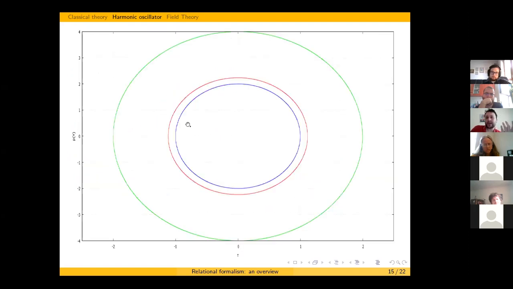If M and K are different from 1 and 4 respectively, we have totally different ellipses. For simplicity, I just showed M equals 1 and K equals 4. But this is the point. This basically mixes experiments and the setup of the theory. That's the core of this formulation.